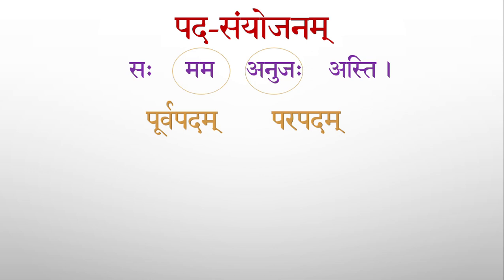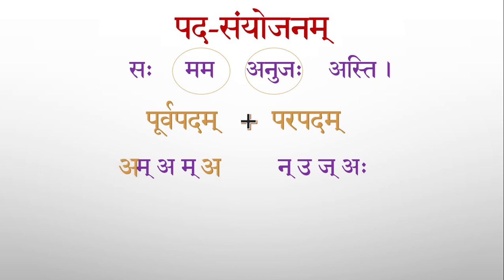Now, when we break each of the 2 words, we get their constituent letters: Ma, A, Ma, A in the case of Mama, and A, N, U, J, Aha in the case of Anujaha.